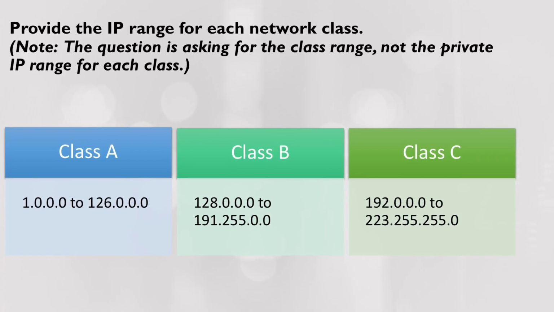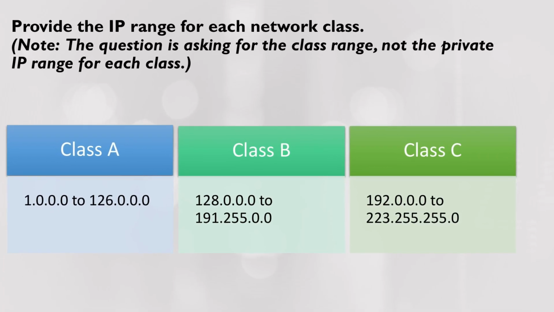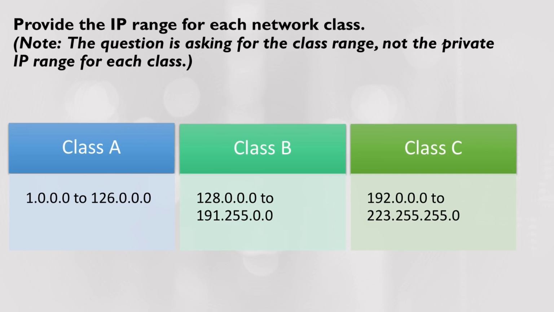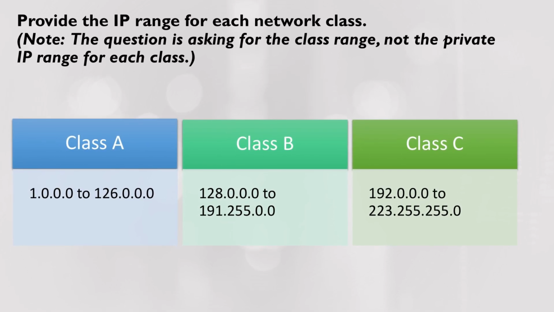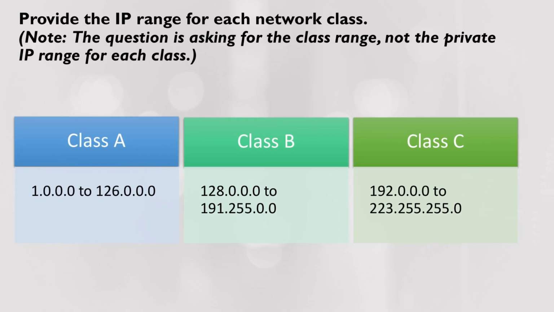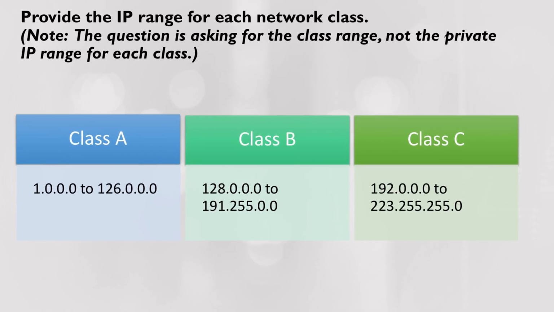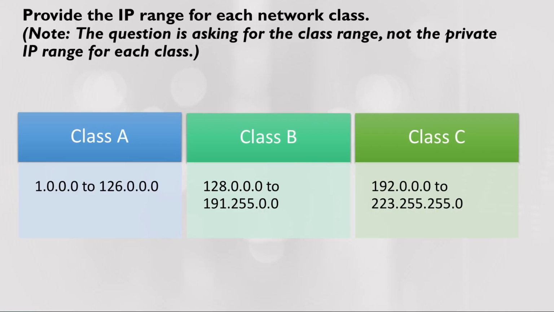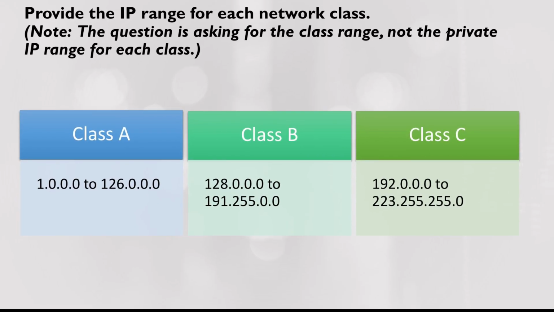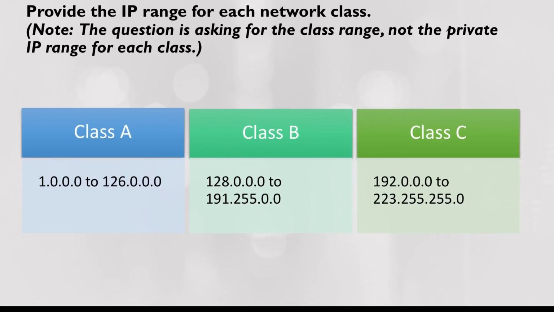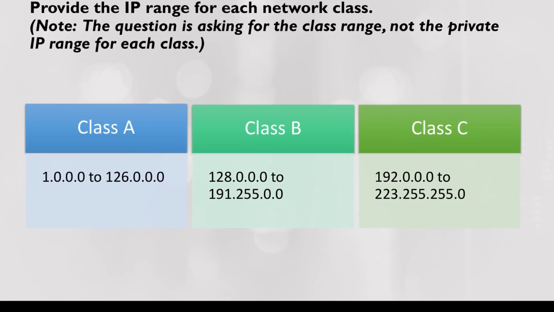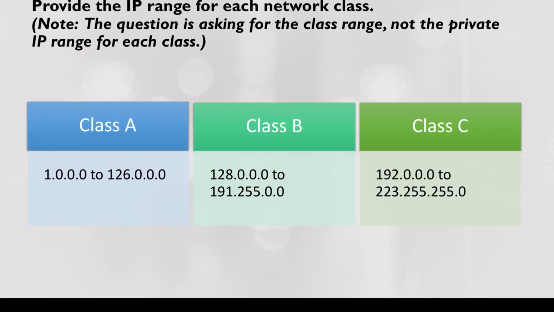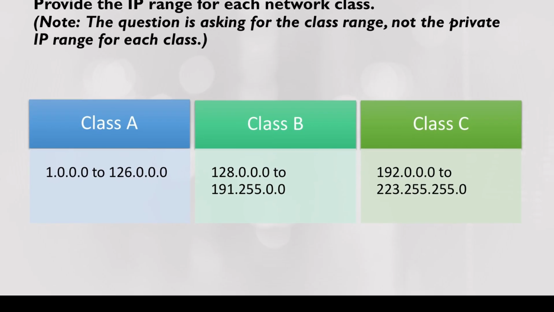Class B is 128.0.0.0 to 191.255.0.0, and Class C is 192.0.0.0 to 223.255.255.0. IP classes help organize large blocks of addresses. Class A is for very large networks, Class B is for medium networks, and Class C is for smaller networks.